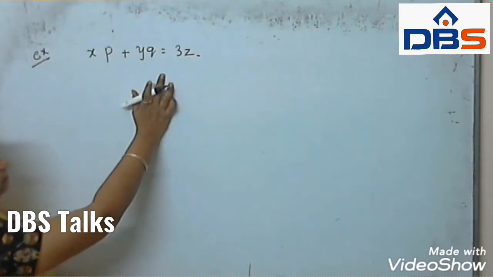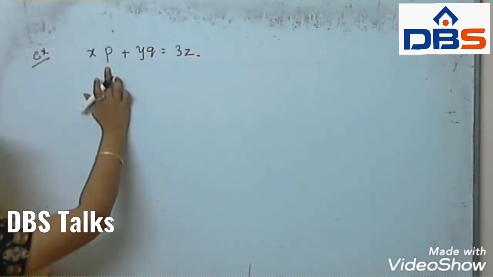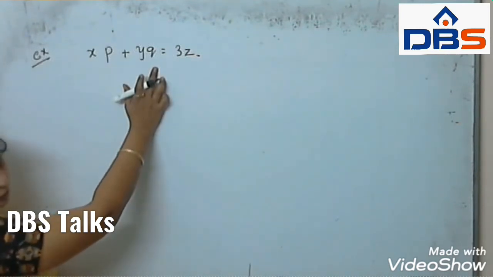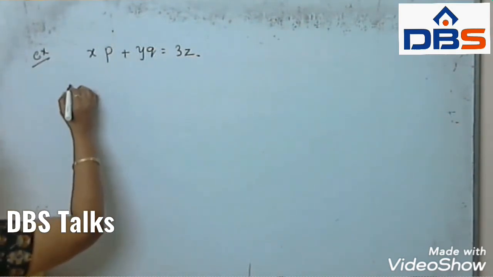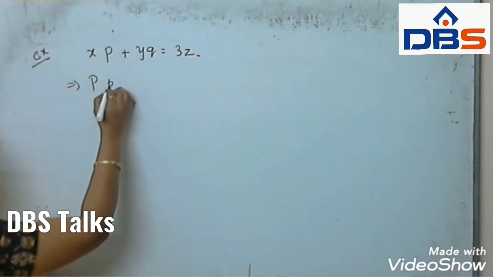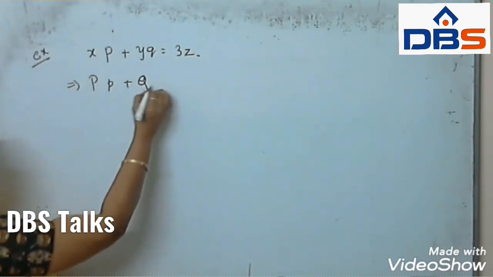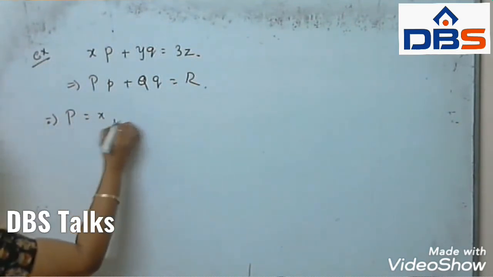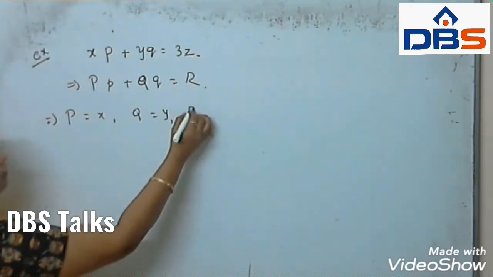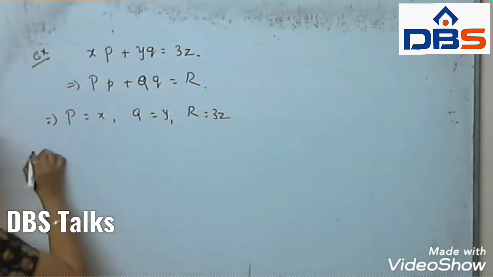So by comparing this with Pp plus Qq equal to R, we get P equal to x, Q equal to y, R equal to 3z.